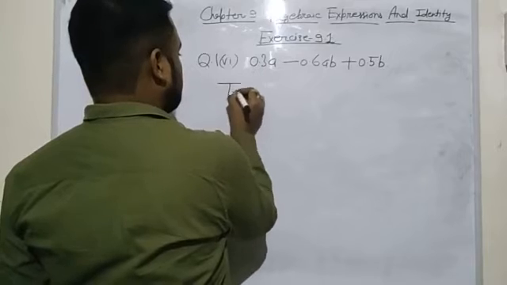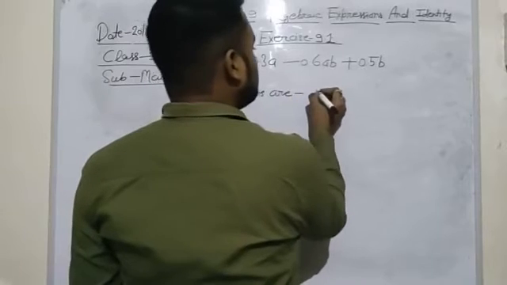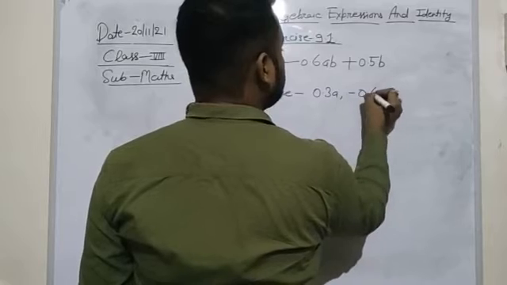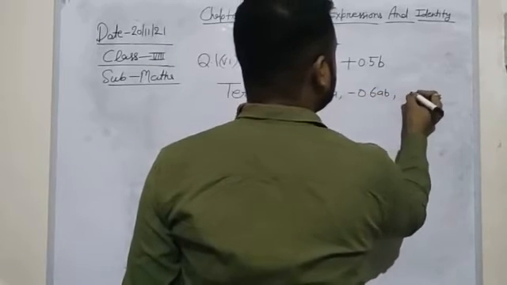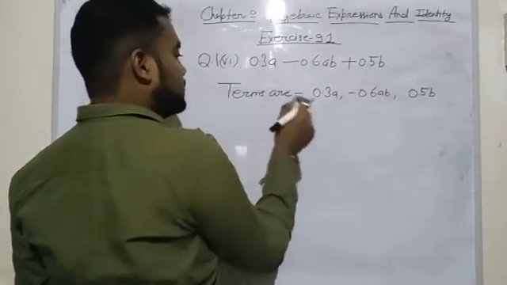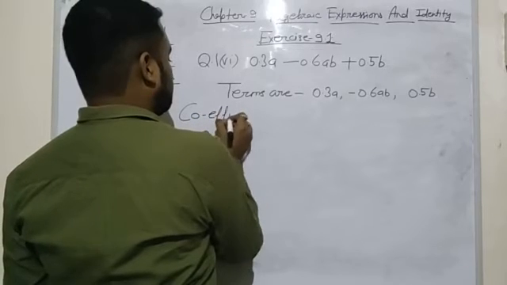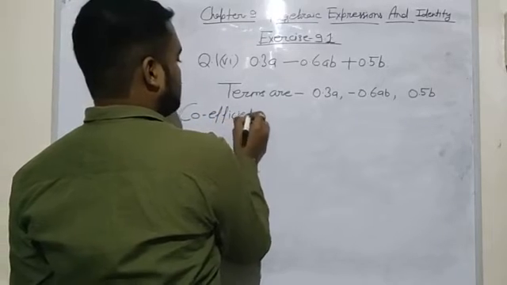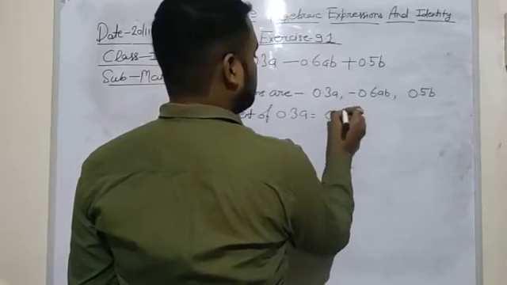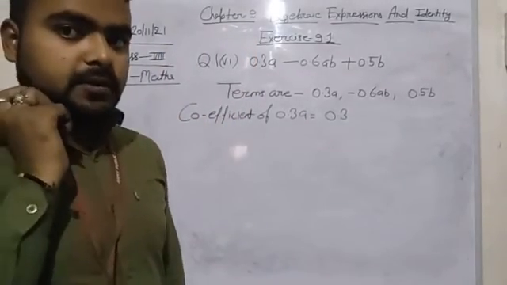Here the terms are 0.3a, minus 0.6ab and 0.5b, and coefficients for each term: coefficient of 0.3a is 0.3, that is the numerical value only.